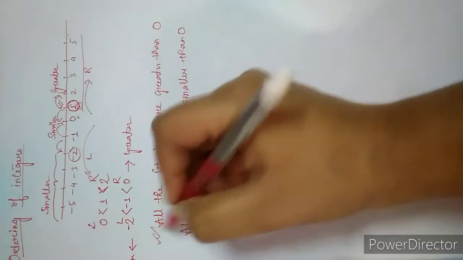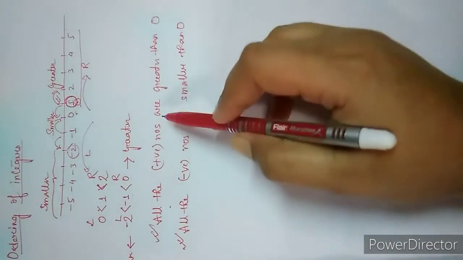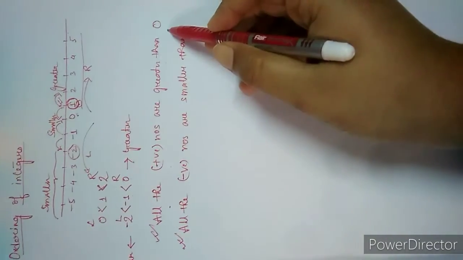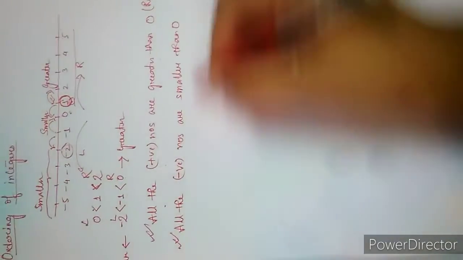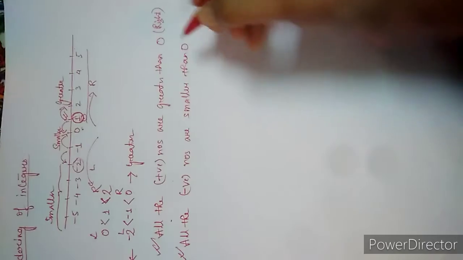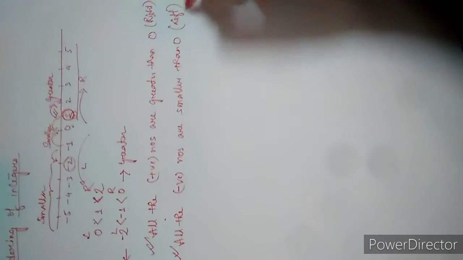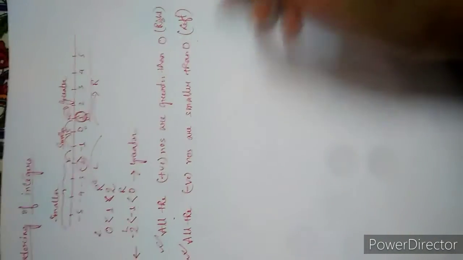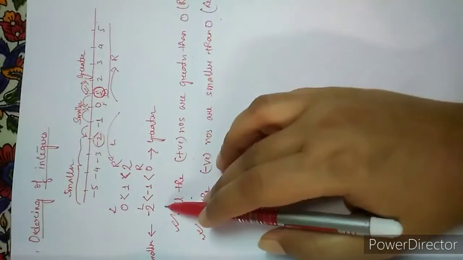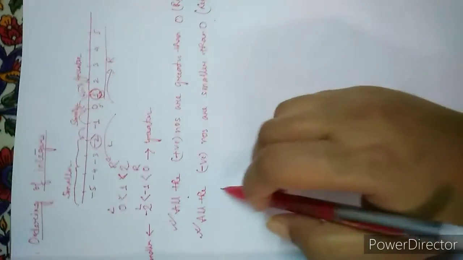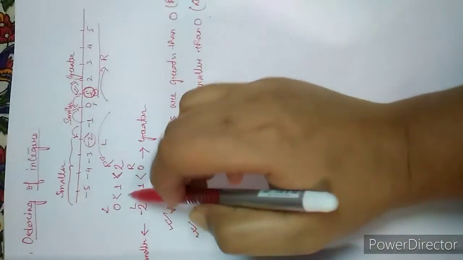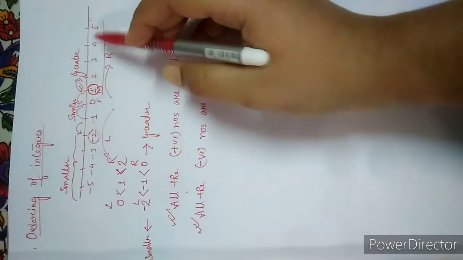So these are the 2 points that you'll have to remember. All the positive numbers are greater than 0 because they are on the right side, and all the negative numbers are smaller than 0 because they are left of 0. This is called ordering of numbers, and this will be the same in all conditions, means for all numbers.